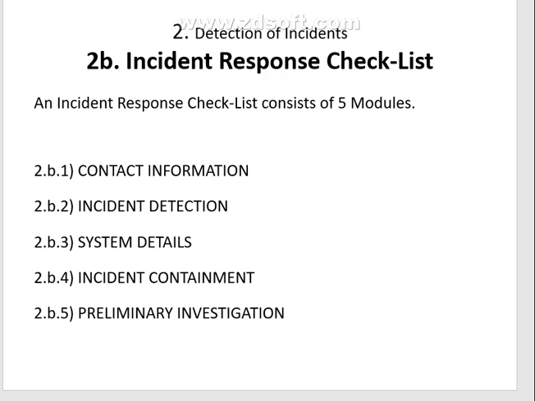So basically, a complex checklist is going to collect more information rather than a simple checklist. And we're basically saying a complex checklist usually consists of 5 modules. So the first module will collect contact information. Then the other module will collect incident detection information, system details information, incident containment, as well as preliminary investigation.